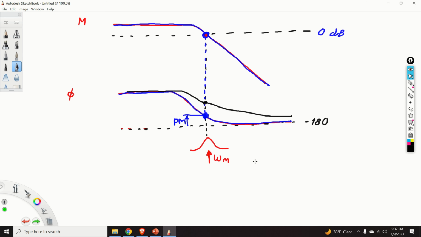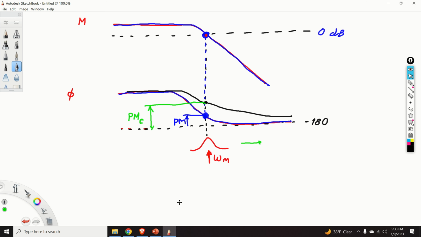By following this idea, we might come to the wrong conclusion that the phase margin of the compensated system will be equal to this value. So this is the phase margin of the compensated system, and this is not correct. The main reason why this is not correct is that besides the phase increase, the phase lead compensator also introduces a magnitude increase.